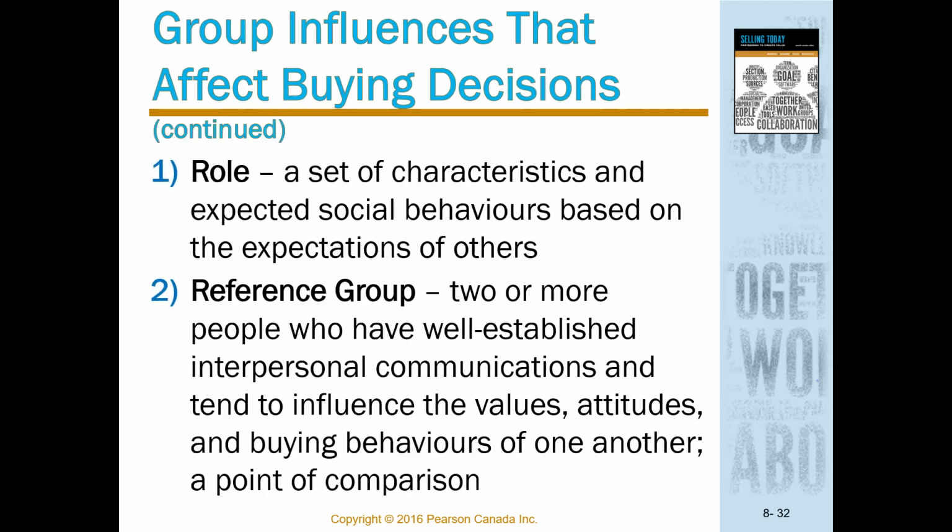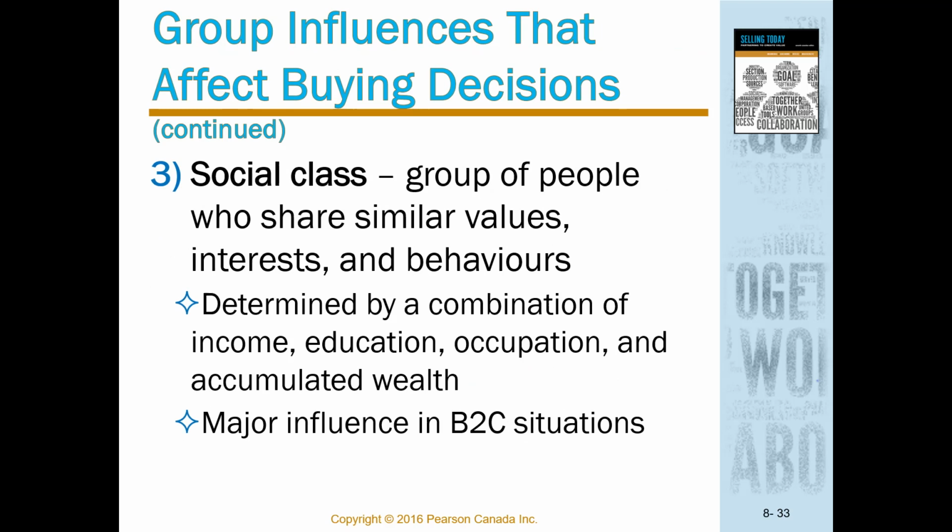So if you look at breaking them down, the role, a set of characteristics and expected social behaviors based on the expectations of others. The reference group, 2 or more people who have well-established interpersonal communications and tend to influence the values, attitudes, and buying behaviors of one another, a point of comparison.